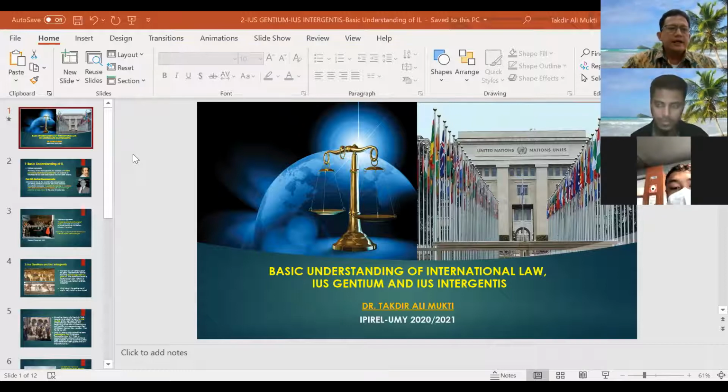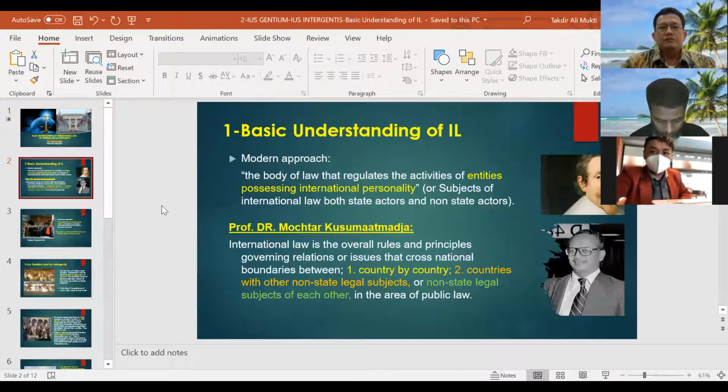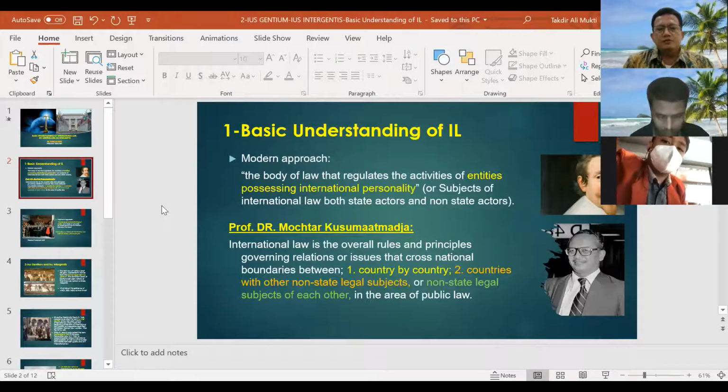Okay. This is our discussion last week about international law from Professor Mochtar Kusumaatmadja.